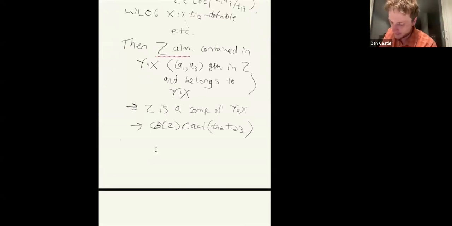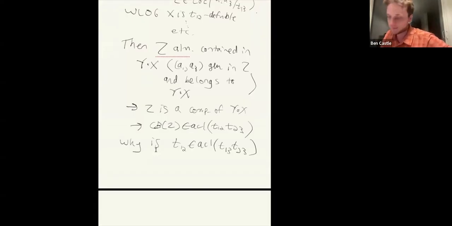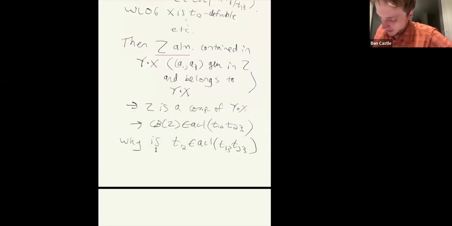So Y is, for example, T12 in ACL of T13 and T23. Well, now it's not a direct composition, but we're going to bring in a cancellation, like inverting, taking the inverse. This is because T12 represents X, and X is a component of something else.